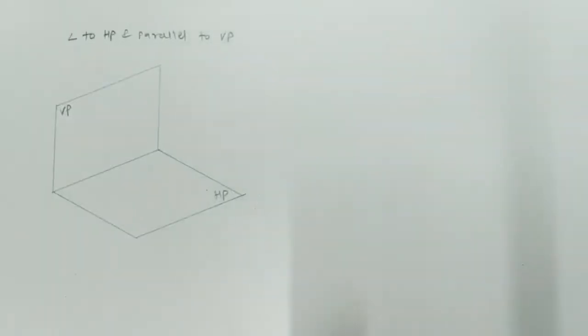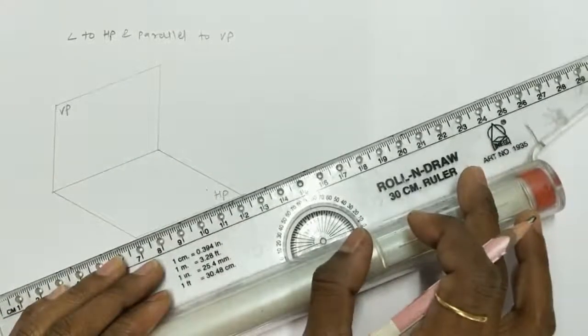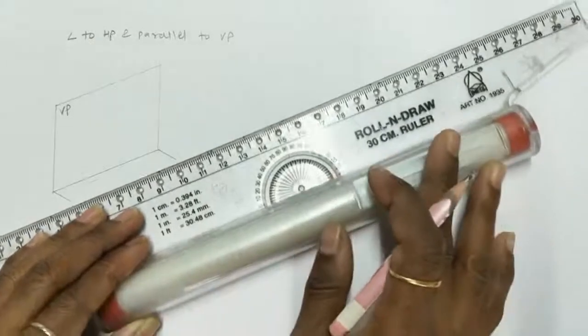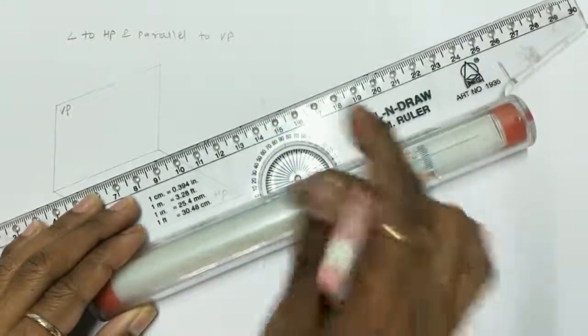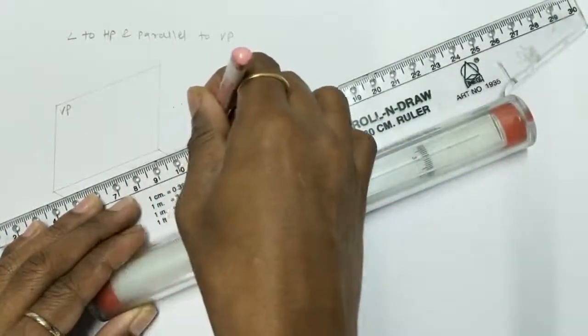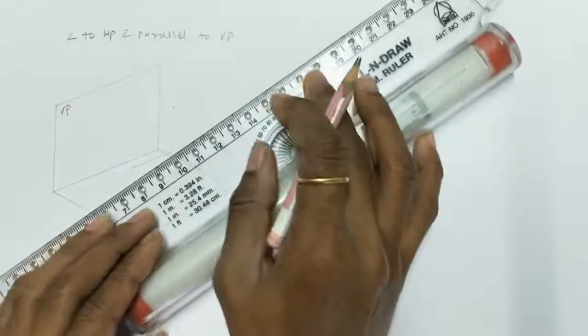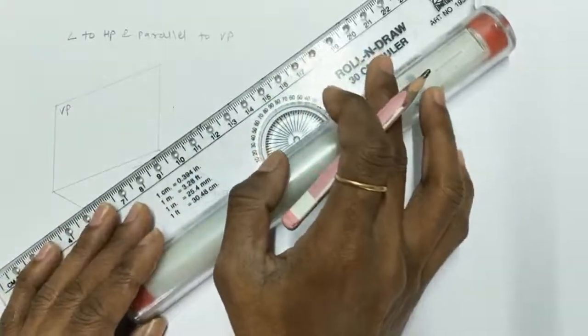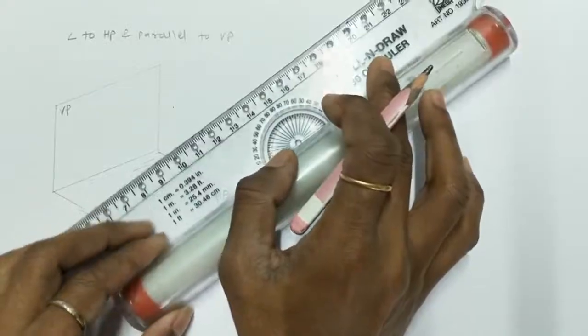So draw a line which is inclined to HP and parallel to VP. For this, first I will draw a reference line and then draw a line which is parallel to VP.